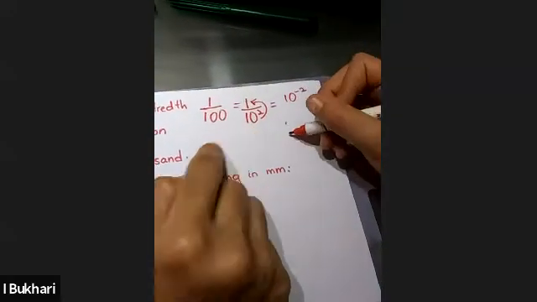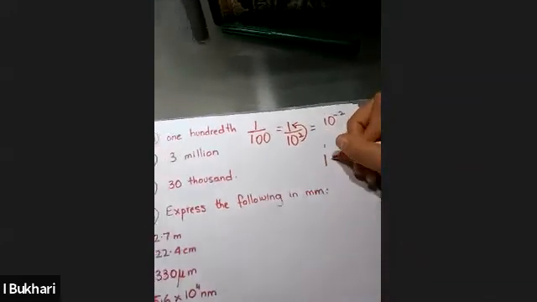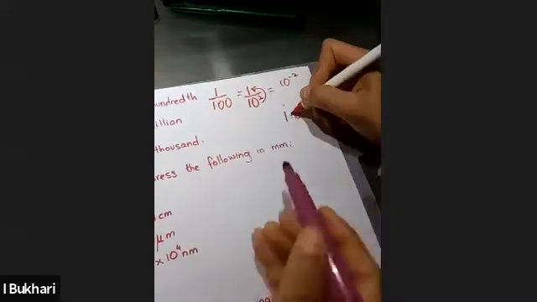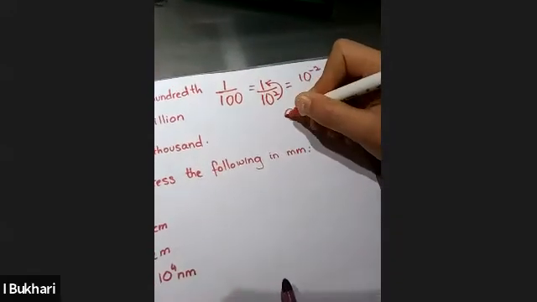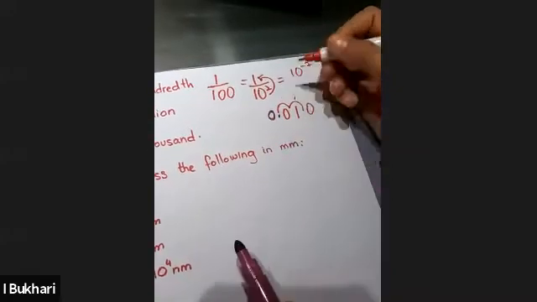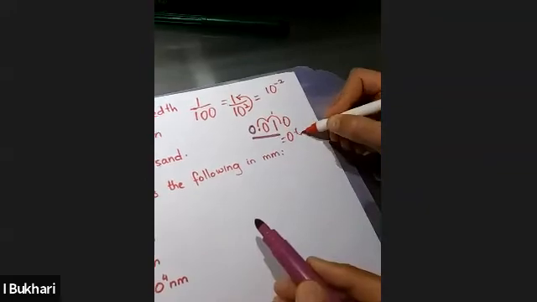Okay, good. Now convert this into decimals. So 2 backward jumps because minus 2. So this will be your final answer, 0.01.